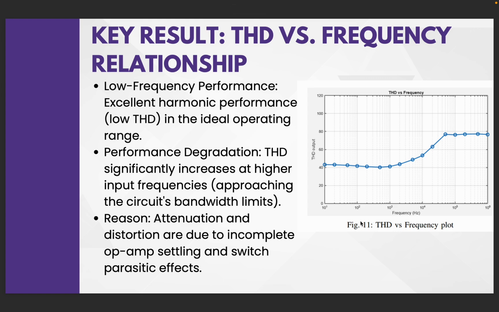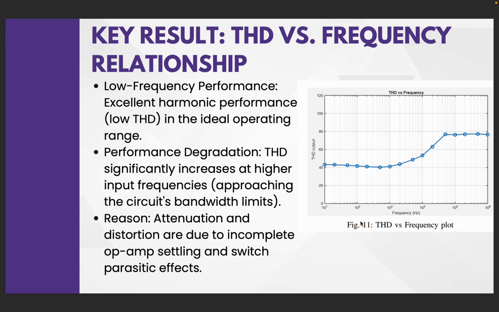Key result: THD versus frequency relationship. The slide highlights the key performance result of our design, the variation of total harmonic distortion, or THD, with frequency. At low frequency, the circuit performs almost ideally, showing excellent harmonic performance and very low THD.